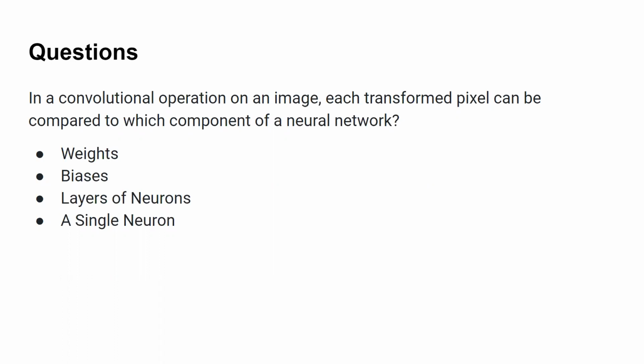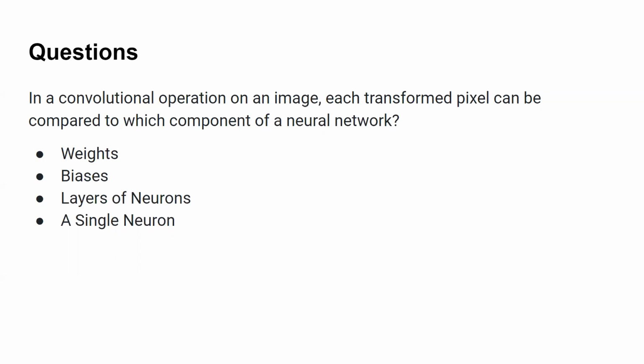In convolution operations on an image, each transformed pixel can be compared to which component of a neural network? Layers of neurons? No, that's not correct. I'll give you a quick hint.